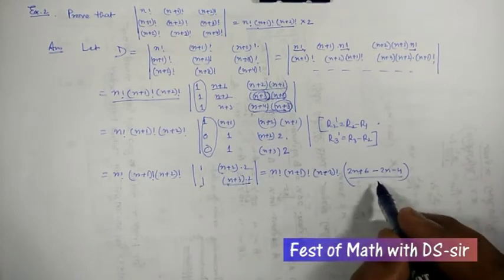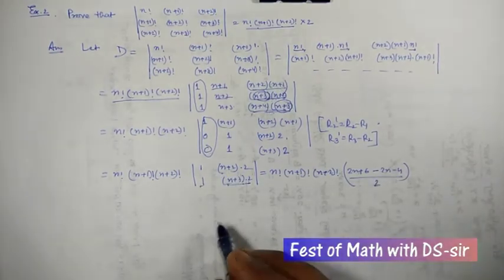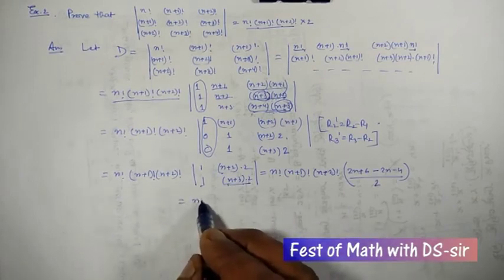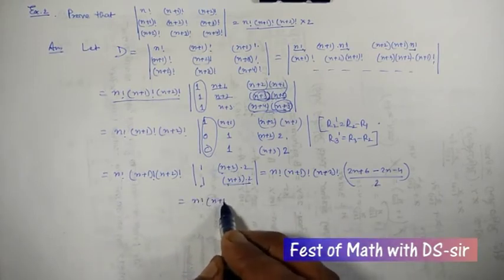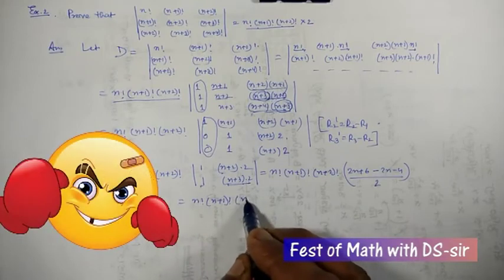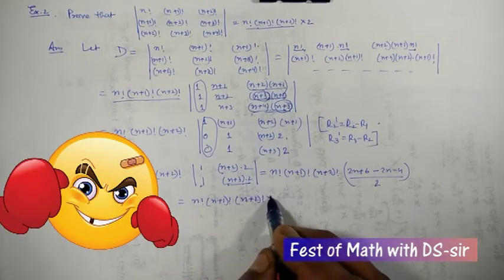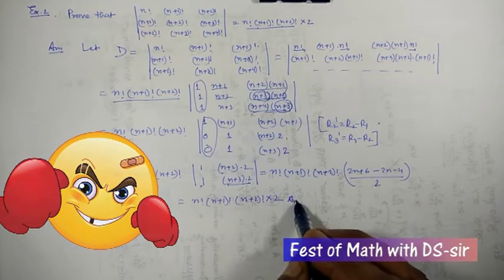Now see, this is nothing but 2. So the result follows: n factorial into n plus 1 factorial into n plus 2 factorial into 2.